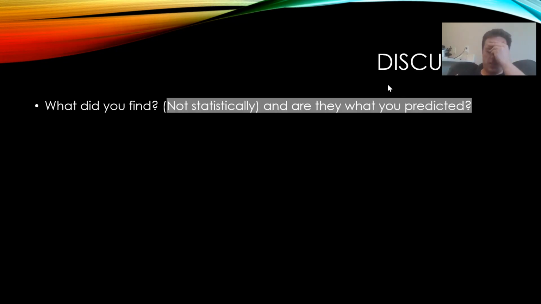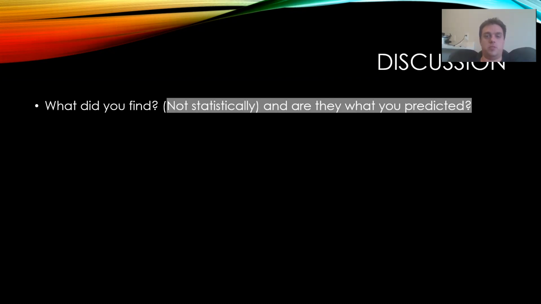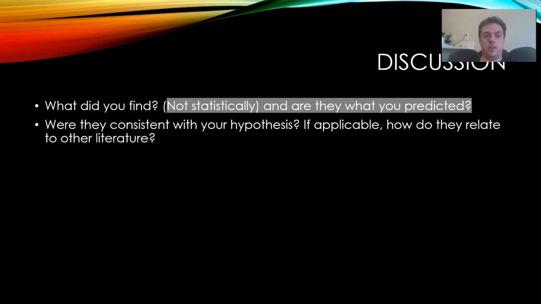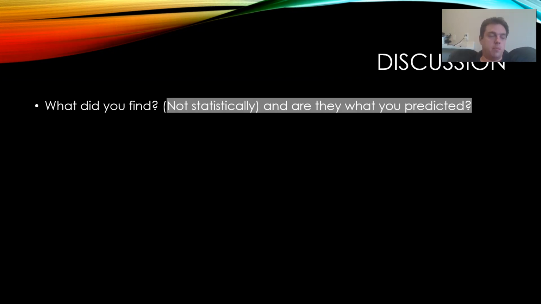So the discussion section should contain these elements. First of all, what did you find? But this is going to be a little different. At the very start of your discussion, you want to recap what your findings were and whether they were consistent with what you predicted, what you hypothesized, right? But importantly, this is not what you found statistically.